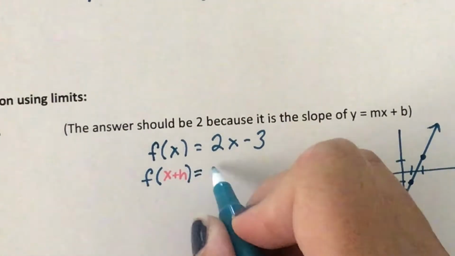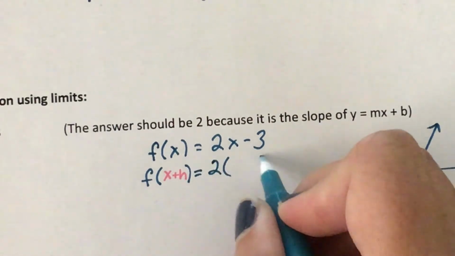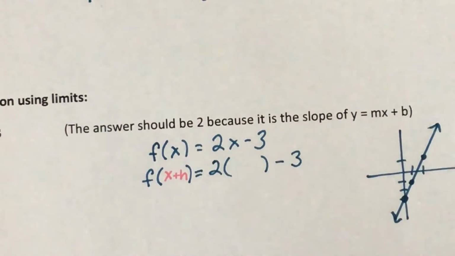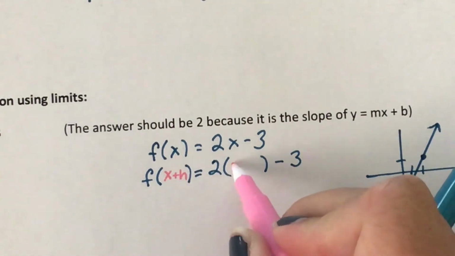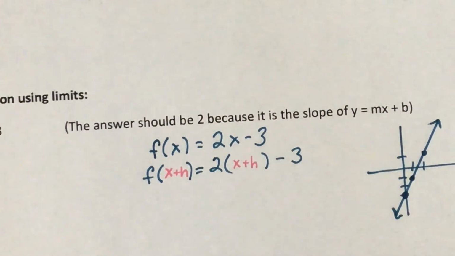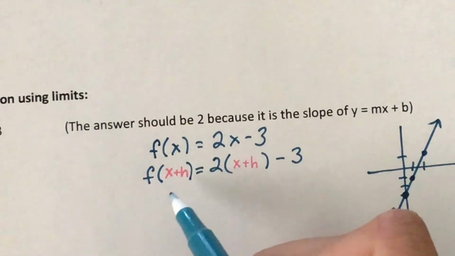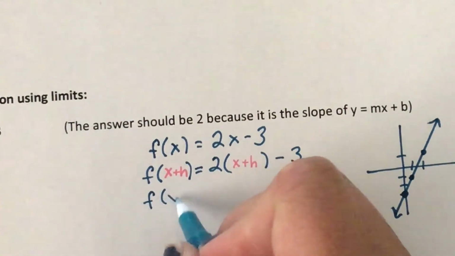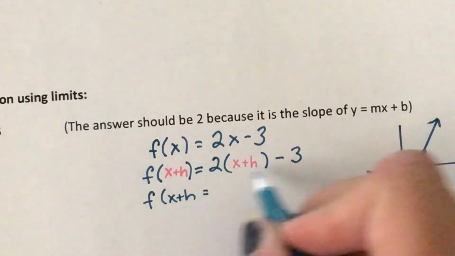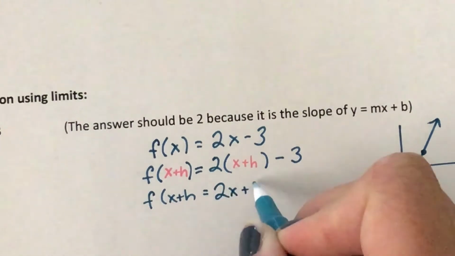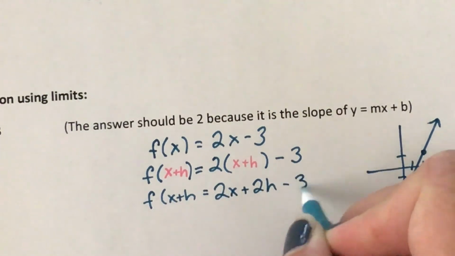So this is going to be 2 times the parentheses minus 3, right? Everywhere we saw an x, put parentheses, and inside the parentheses, x plus h. Okay, so we are substituting x plus h instead of x. Now, f of x plus h is going to equal, let's distribute, 2x plus 2h minus 3.